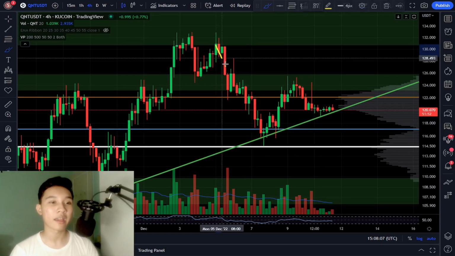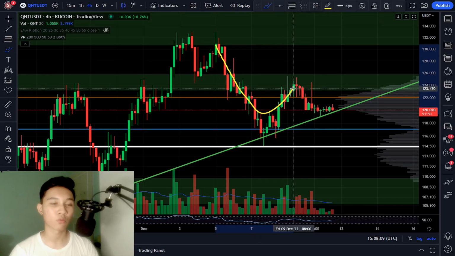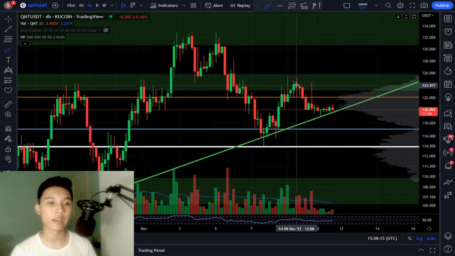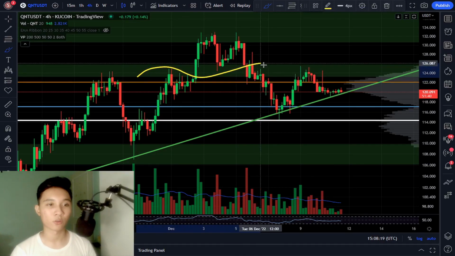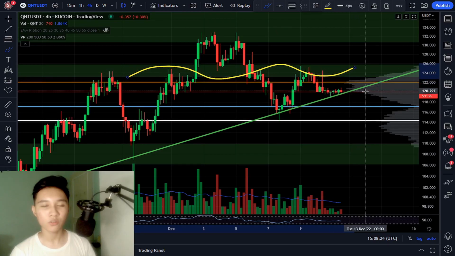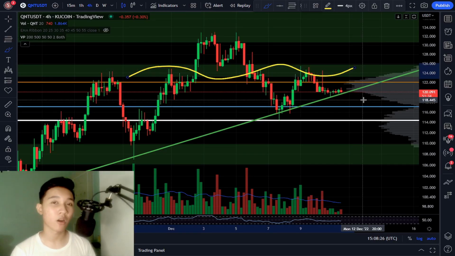This looks like a retest of previous support now flipped to resistance before actually continuing to the downside, and we did get rejected right here at this resistance zone, or should I say at this supply zone.